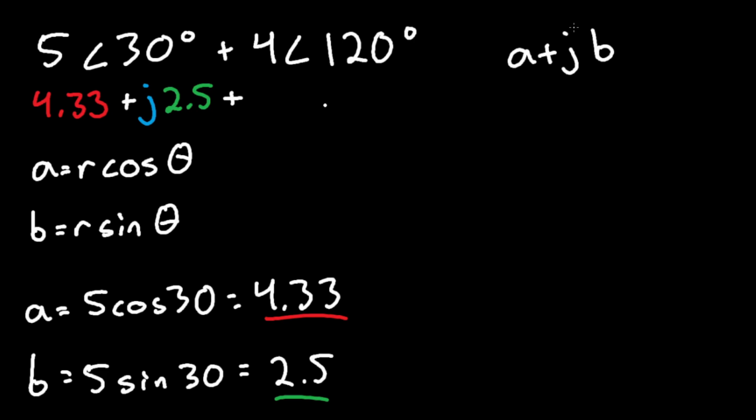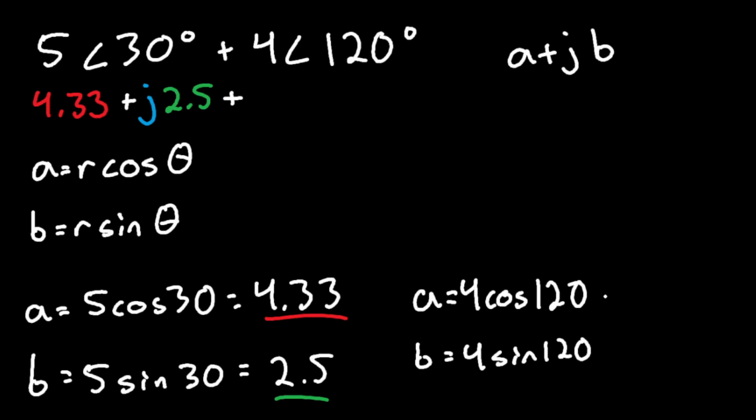Okay, let's go ahead and turn this into a complex number. A is equal to, I think we'll have space here, A is equal to 4 cosine of 120. B is equal to 4 sine of 120. Put 4 cosine of 120 into a calculator.